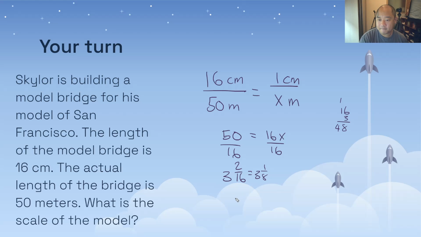Okay, so x is 3 and 1/8, over 1, because 3 and 1/8 is x. So 1 centimeter is 3 and 1/8 meters. This is our scale.